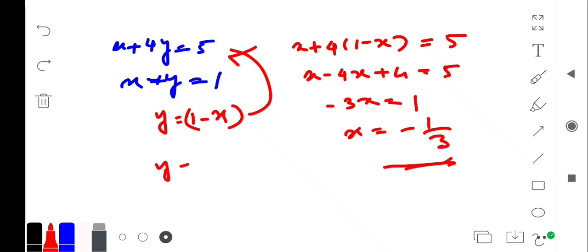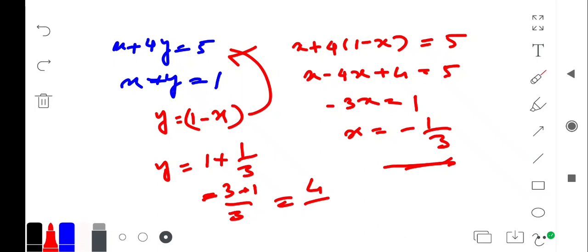Okay, what will be the value of y? 1 plus 1 by 3, so ultimately 3 plus 1, 4 by 3. So this is the answer. Okay, so by these two methods we can find out the value of x and y. First one, we have to compare the two equations and then either addition or subtraction can be performed.